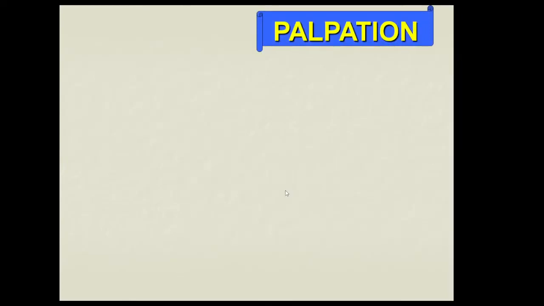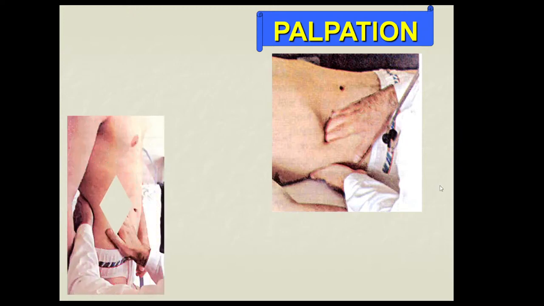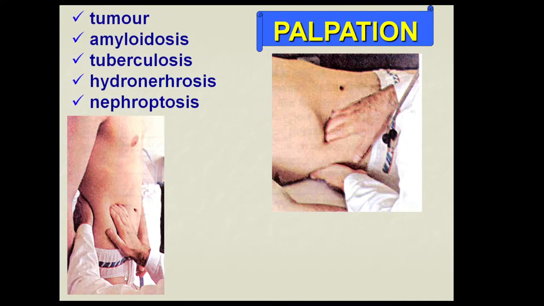Palpation. Usually the kidney is impalpable. You will study the method of palpation in practical classes. As with the liver, the kidney is palpated with the bimanual method, with both hands, but contrary to other organs, we palpate the kidney in both horizontal and erect positions to distinguish an enlarged and movable kidney.